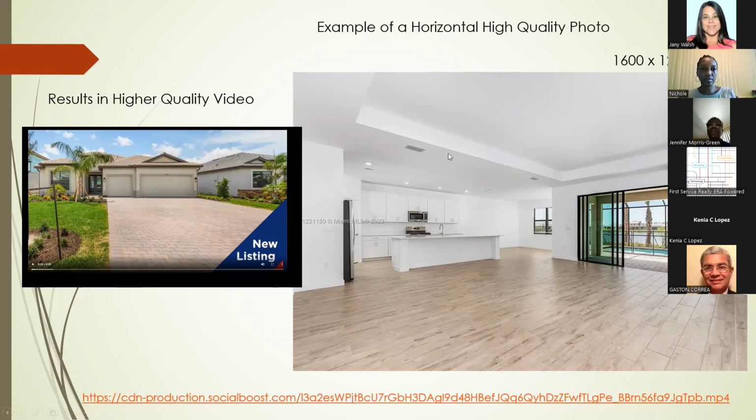So as you can see, this is a very high quality photo, and it results in a high quality video. You see how the picture completely takes up the screen, and you can see the whole entire house. I'm going to go ahead and show you the sample of this high quality video.